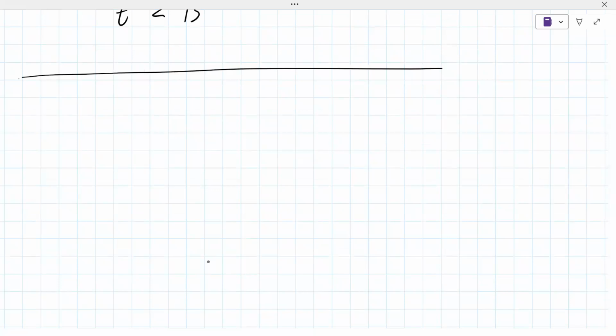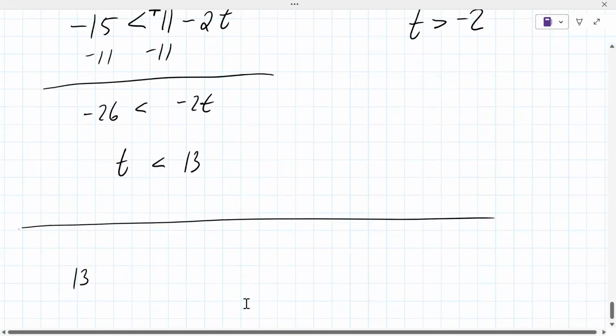All right, so here's your new problem here. 13 is, what did I use in the previous one?